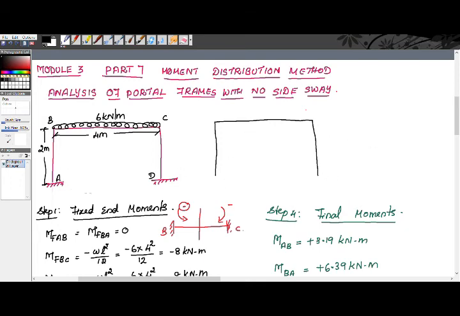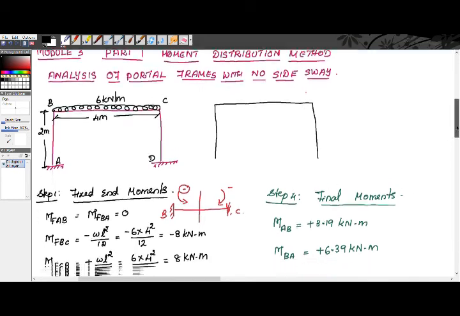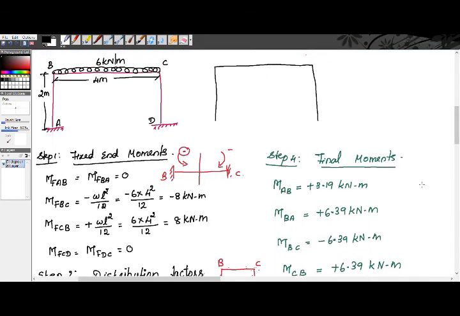Take the span AB, considering the span AB, this is A and this is B. MAB is clockwise, plus 3.19, right? It is clockwise, so we will draw a clockwise moment. It is pointing towards the right. So at A here, it is plus 3.19 kilonewton meter.